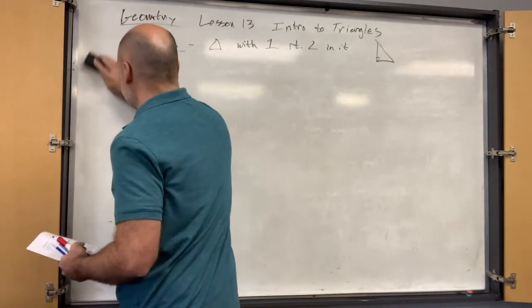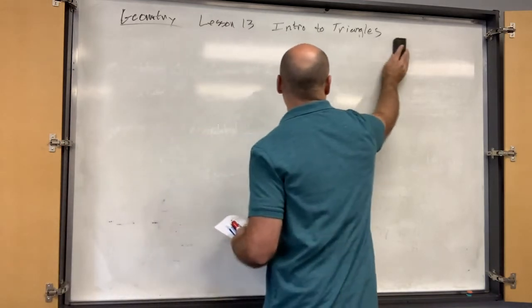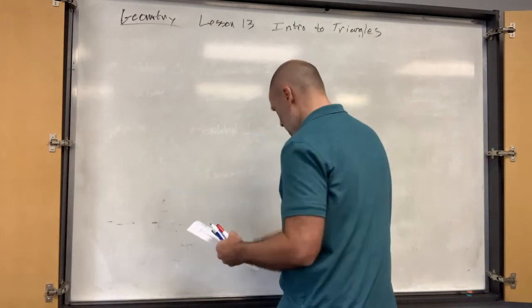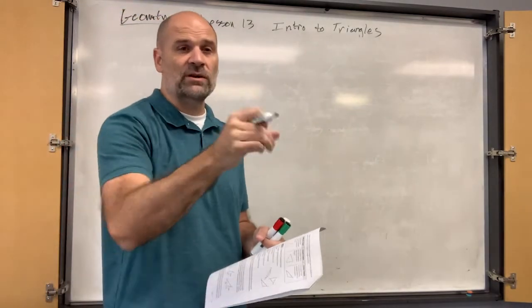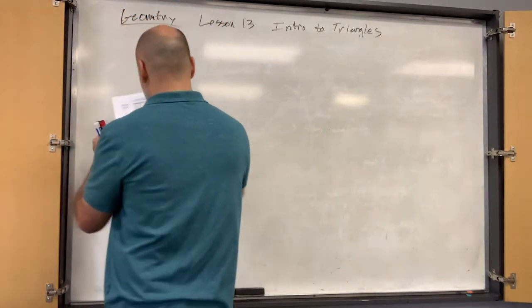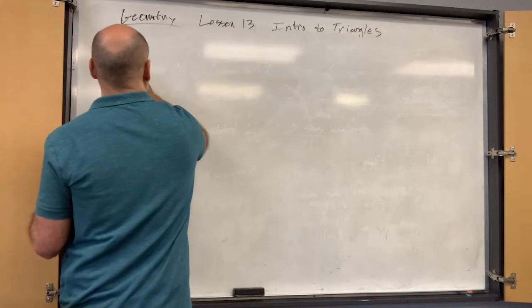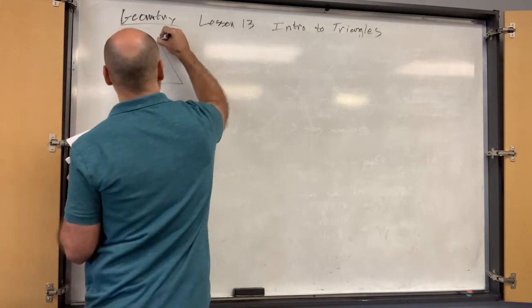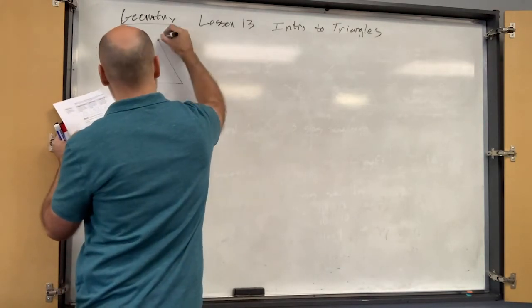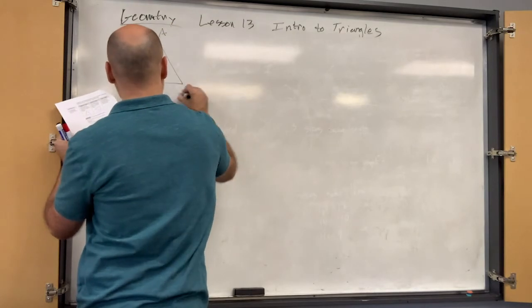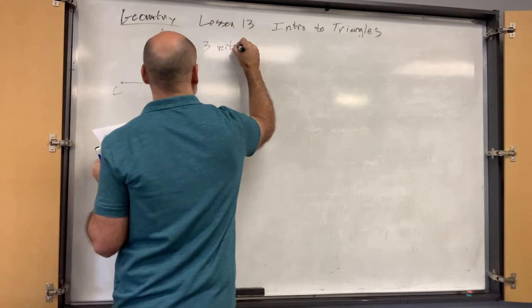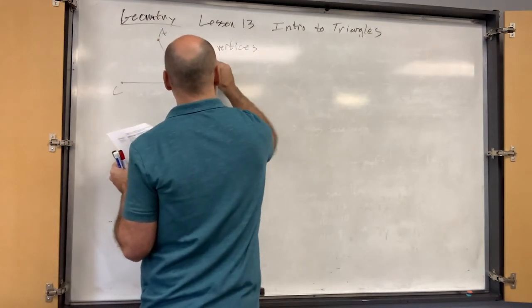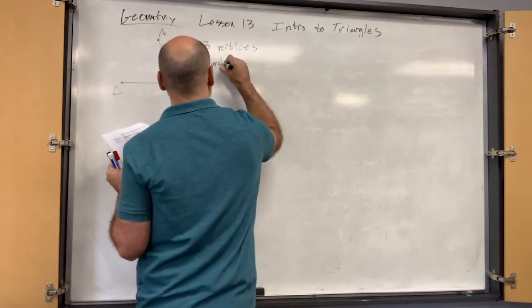Just like it has 3 sides, but it kind of makes sense because triangle means there's 3 angles, which means there's 3 vertices, okay? So if I'm looking at this triangle, A, B, C, it has 3 vertices, and this is just the plural of vertex.